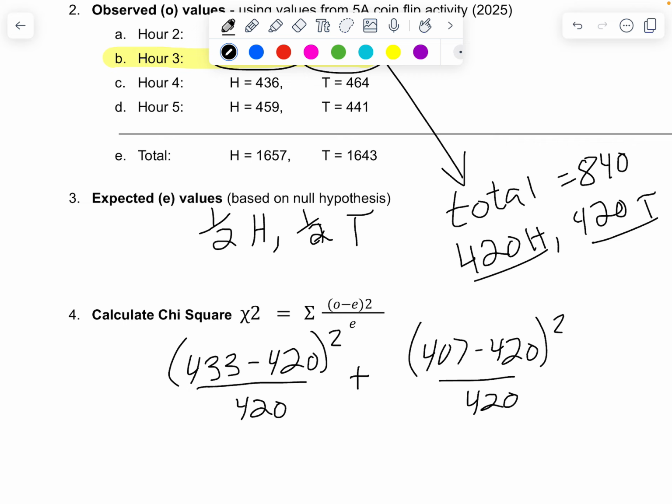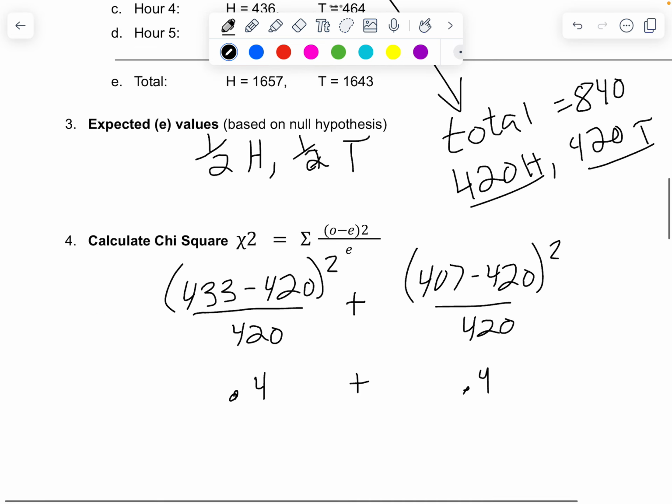So 433 minus 420 is 13, times 13, so square it, is 169, divided by 420 is 0.4, plus 407 minus 420, negative 13, times negative 13, basically squaring it. 169 divided by 420 is another 0.4.